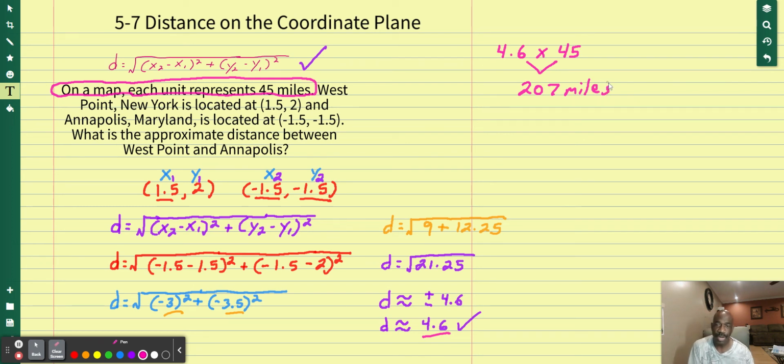That's the distance between these 2 points. If each unit on the map is 45 miles, I need to take each unit and multiply by 45 to get the total distance in miles on the map. So in this case, the distance between New York and Maryland is approximately 207 miles. All right. Very good.